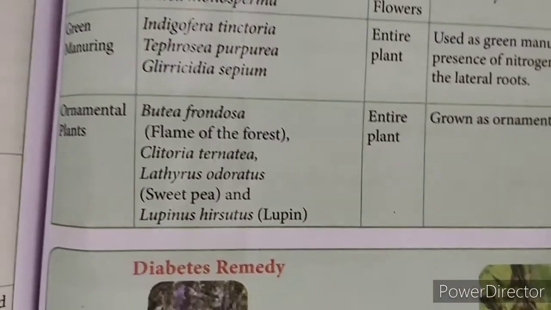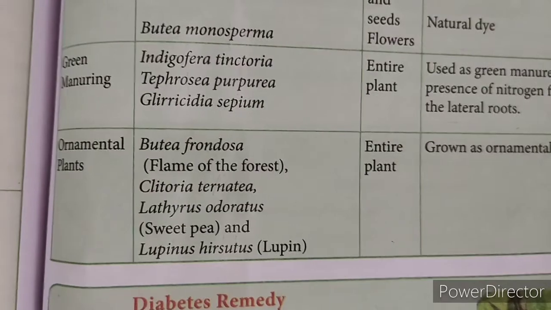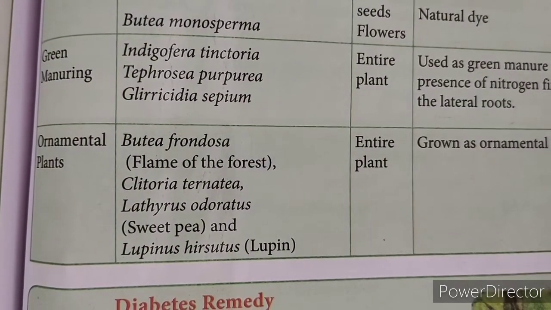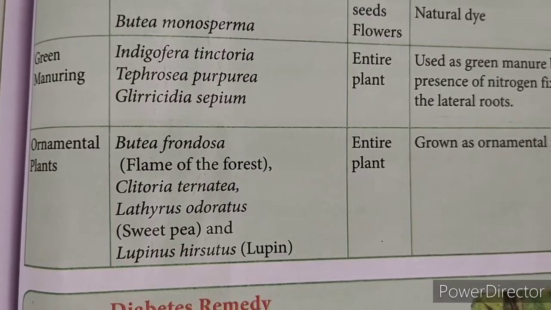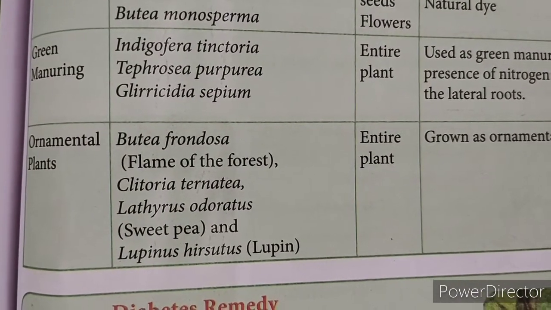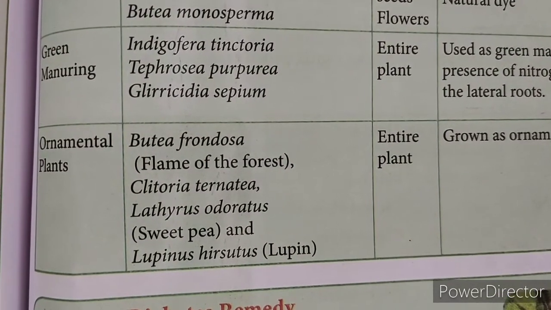These plants can be used directly as green manuring. Indigofera tinctoria, entire plant, and Tephrosia purpurea, Gliricidia sepium.